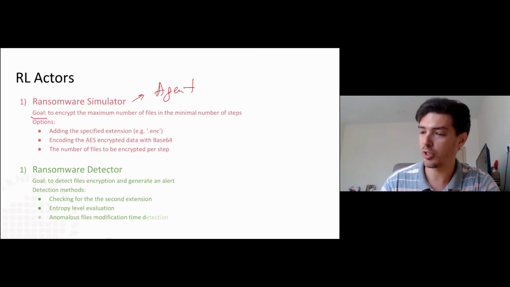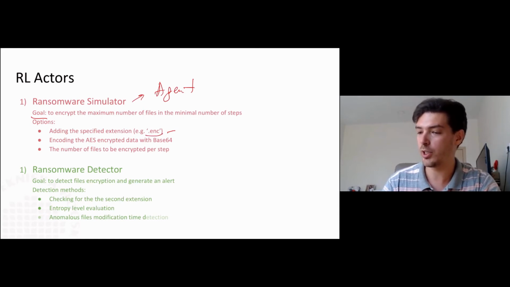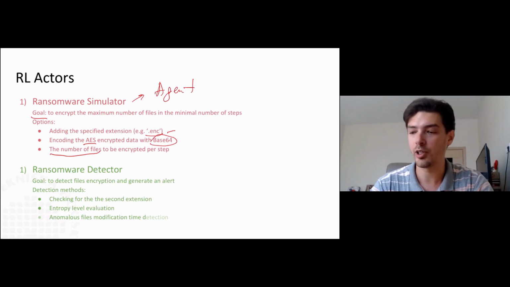The first option is to add a specific extension to the encrypted file, for example, .enc. The second option is to use base64 encoding over the encrypted data. And the third option is to select the number of files to be encrypted per iteration.